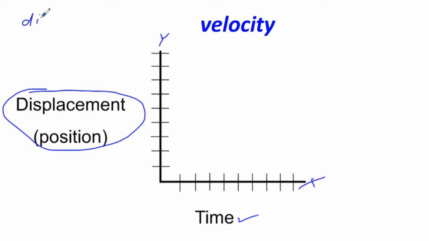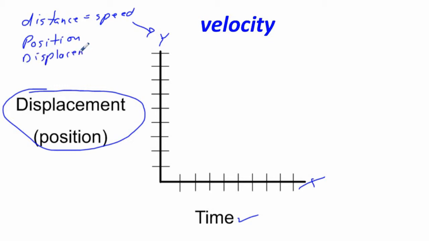Let's write that up here because that's very important. Distance, if it's here on the y-axis, means speed, and position is normally the way you'll see it, or displacement, says that we're looking at velocity, and that too is on the y-axis.